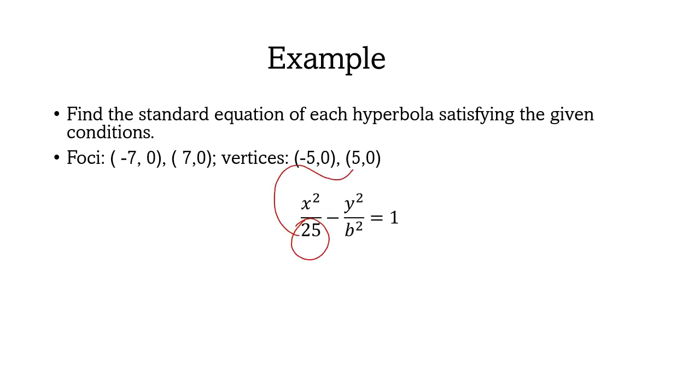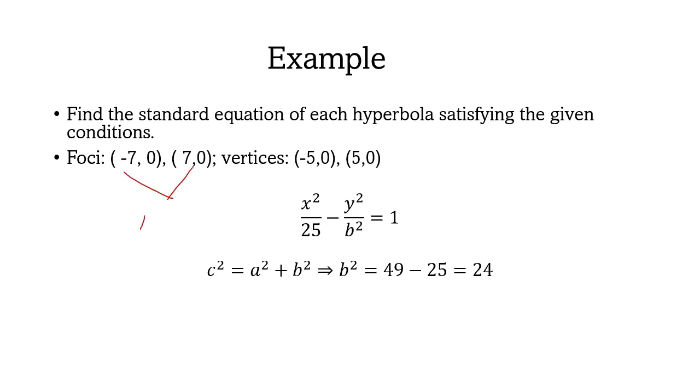So now, again, we still have the center as the origin, because one of the coordinates is all zeros. Now we need to find b squared, and we can find b squared using the formula of the foci, since we have the foci. So keep in mind where the 49 came from. Therefore, this is the equation of the hyperbola.